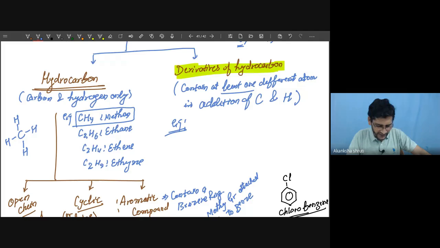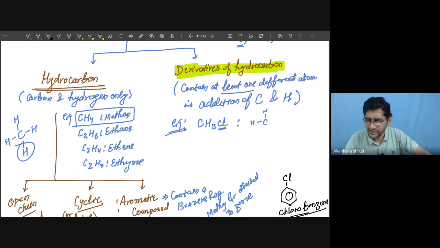But if any of these hydrogens is replaced by any other atom, say chlorine or bromine or iodine or maybe the OH itself, then it becomes a derivative. It's so simple. If I write CH3Cl, this Cl represents chlorine. Their structure is like this: with the carbon we put three hydrogens, and at any one position we can put the chlorine.